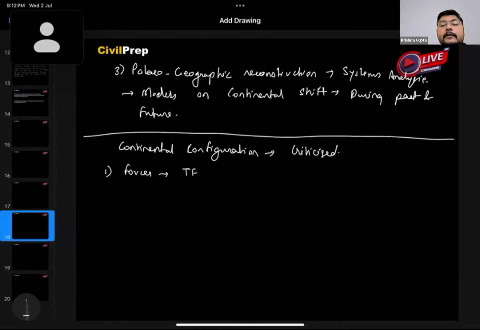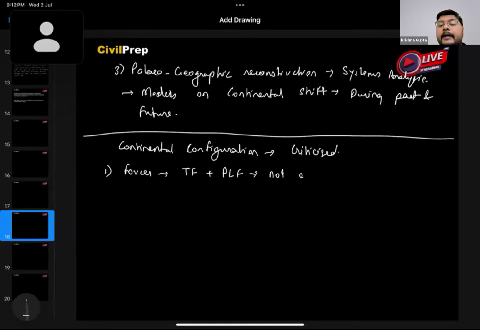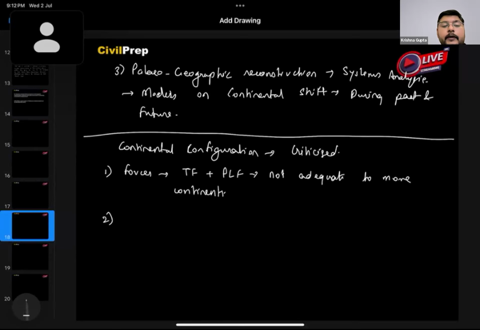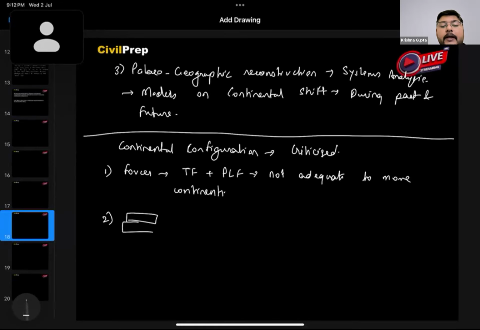The tidal forces plus the pole-fleeing forces were not adequate to move continents. Number two, he said that the continents were floating over the oceans, and there is a frictionless movement of continents.